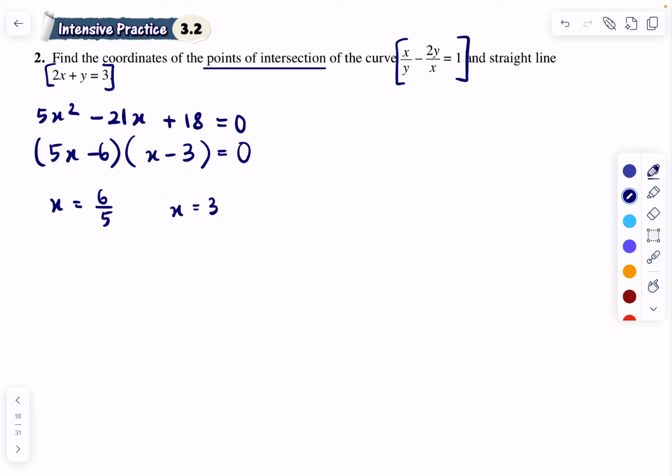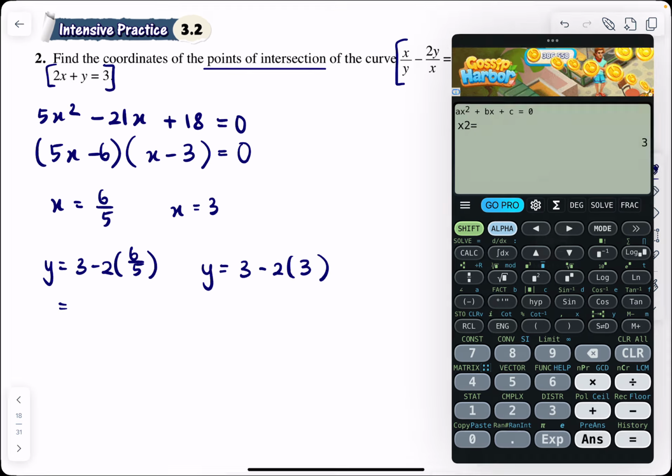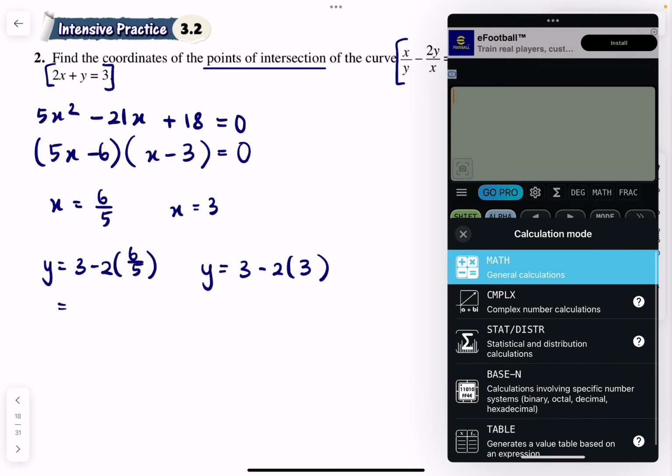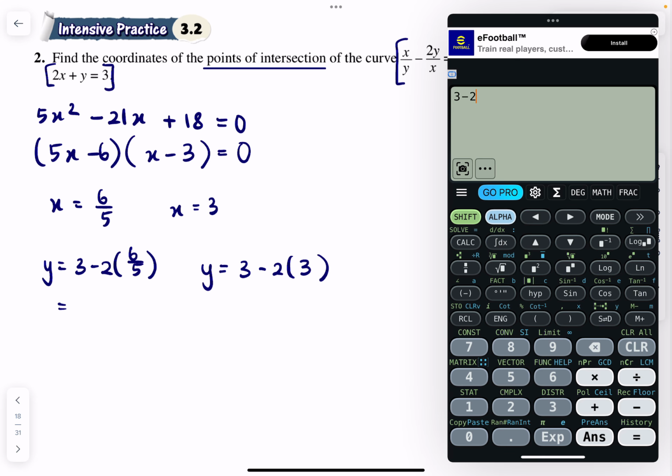Once we find x, next we need to find y. So just now we saw y is 3 minus 2x. So x here is 6 over 5 and x here is 3. So 3 minus 2 times 6 over 5 will give us 3 over 5.